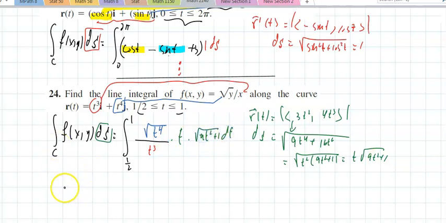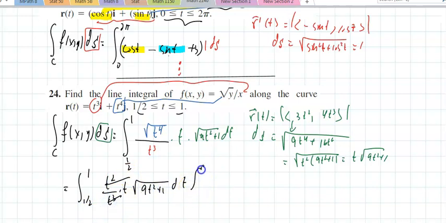So this is going to become the integral of, let's see how this works, 1/2 to 1. This is t squared over t cubed times t times the square root of 9t squared plus 1 dt. Now these t cubes cancel out, and I'm left with the integral from 1/2 to 1 of the square root of 9t squared plus 1 dt.